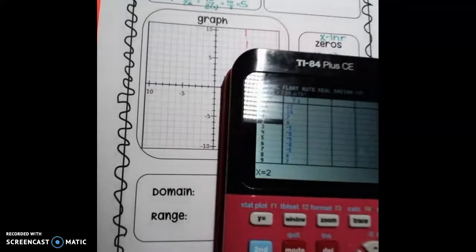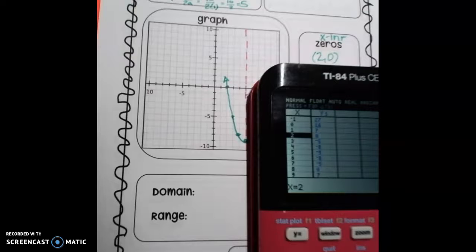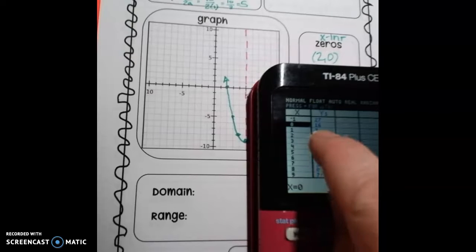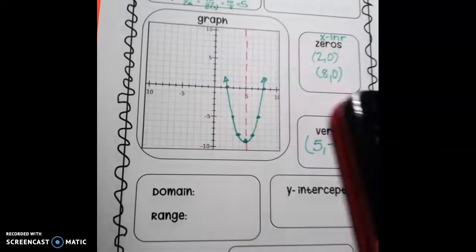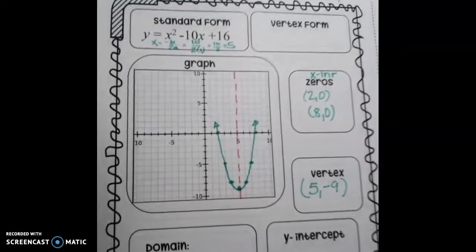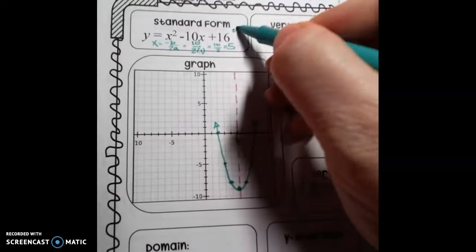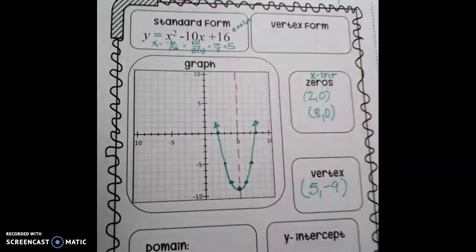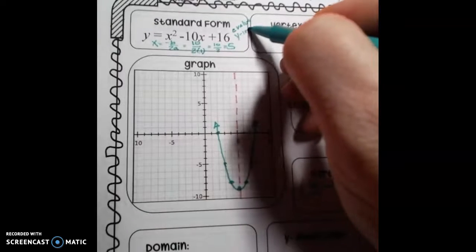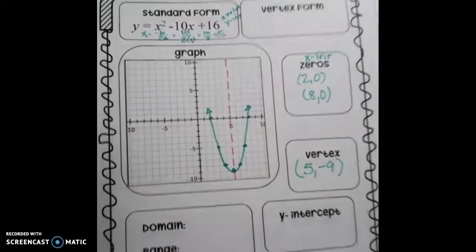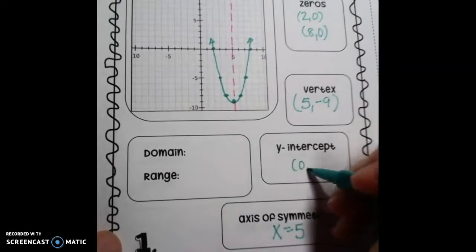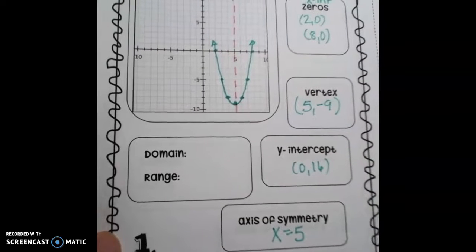But if we look again at our table of values, when x is 0, I see that my y is 16. And when I look at my standard form equation, that is your c value, your y-intercept. So the y-intercept is going to occur at 0, 16.